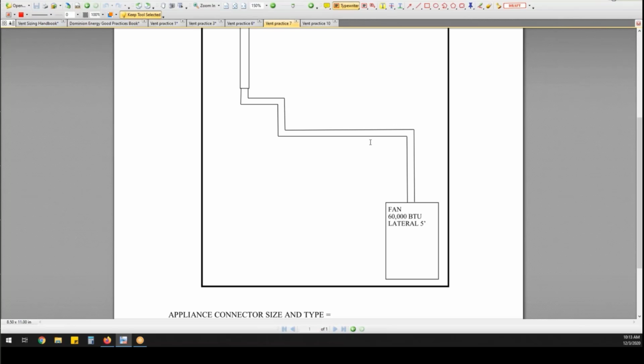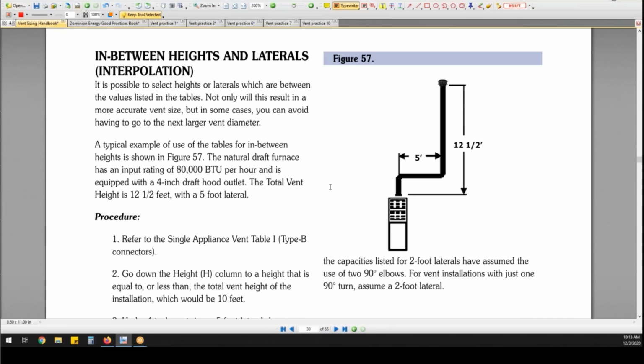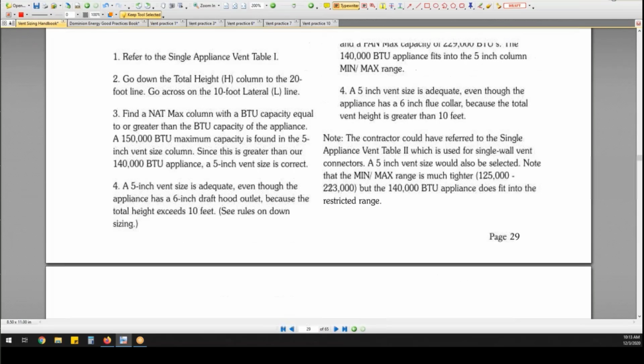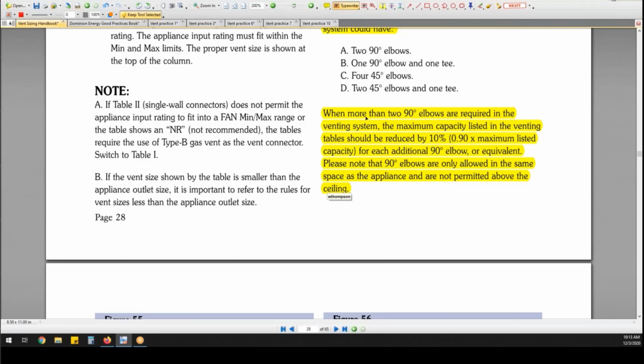So when you see a diagram like this with all the crazy elbows in it, you need to go back and remember this. When more than 2 90-degree elbows are required in the venting system, the maximum capacity listed in the venting table should be reduced by 10% for each additional 90-degree elbow or equivalent.